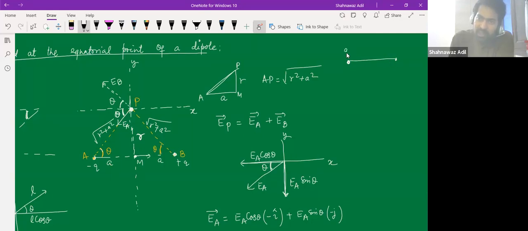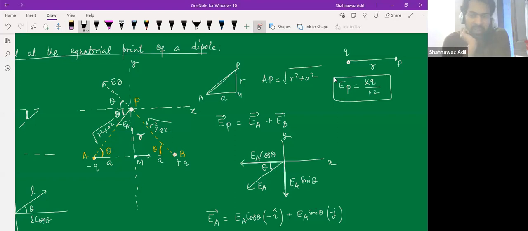This is a Q charge, this distance is R. We are calculating the electric field at this point. So what is the electric field magnitude? How much is that? That is KQ by R square. That is the electric field of a point charge, right?